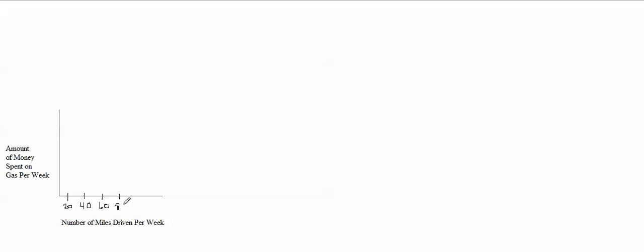But let's just say that these are our tick marks. And maybe for amount of money spent on gas, we're using tick marks of maybe $10.